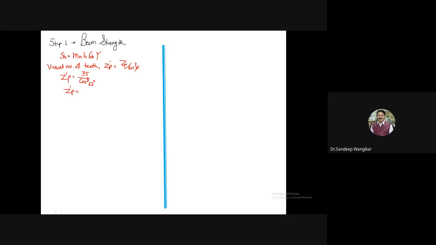Tell me the value. Z dash P, 35 divided by cos cube of 23, you will get the answer as 44.87. I will say approximately 45.